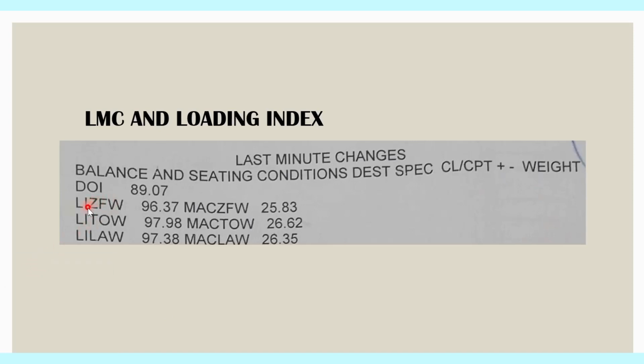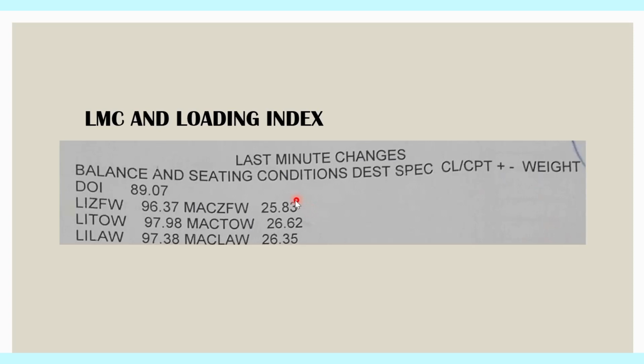You have LI for zero fuel weight, takeoff weight, and landing weight. The LI stands for loaded index at. So loaded index at zero fuel weight, loaded index at takeoff weight, and loaded index at landing weight. Remember that when the aircraft is coming out of the factory, the MAC zero fuel weight, the MAC takeoff weight, the MAC landing weight has already been worked out.